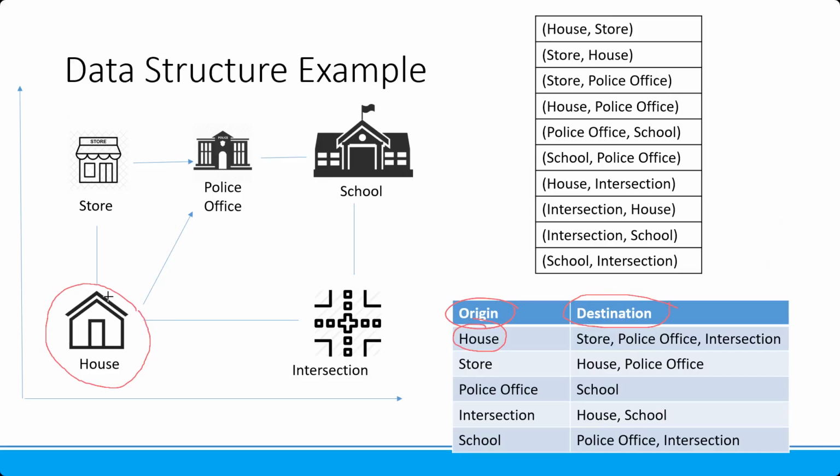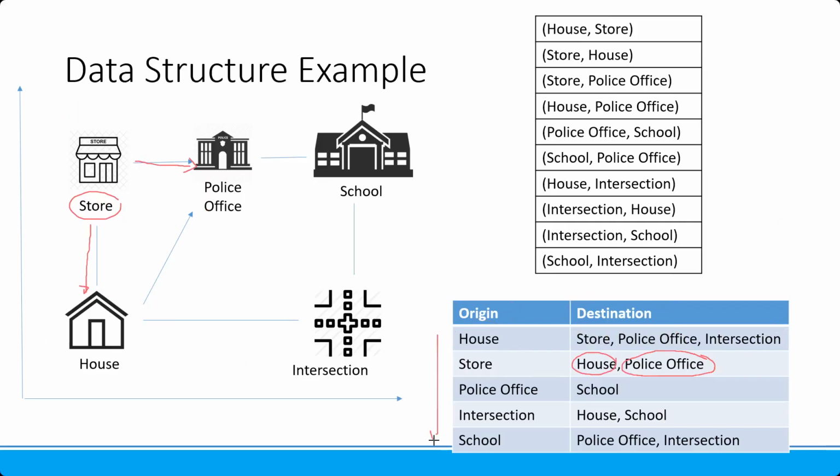From the house, you can go to store, you can go to post office, and you can go to intersection. What about from the store? From the store, you can go to the police office and you can go to the house.